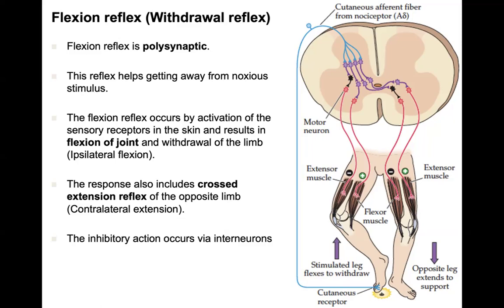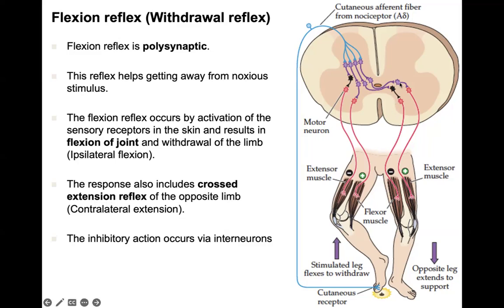So in this type of reflex, there is a response on the other side called the crossed extension reflex. That means the opposite limb will be extended. So you're going to stimulate the extensor muscle and inhibit the flexor muscle. How do you do that?